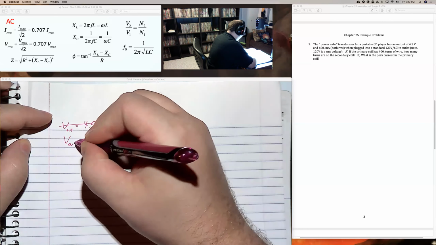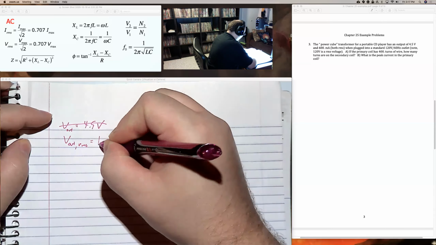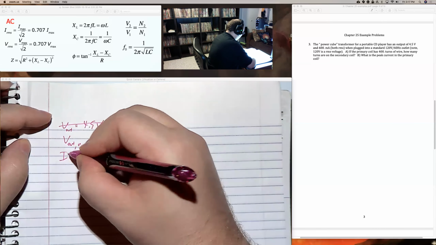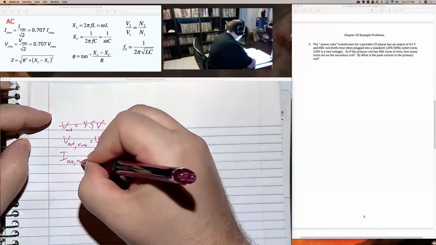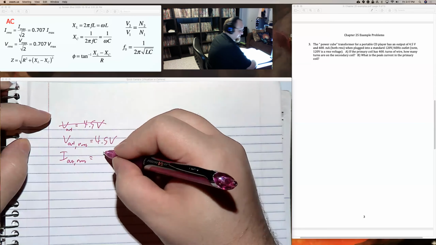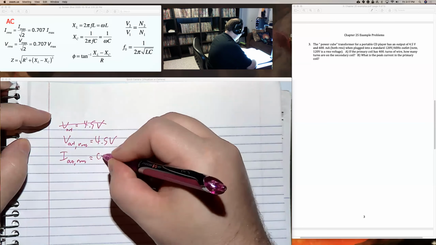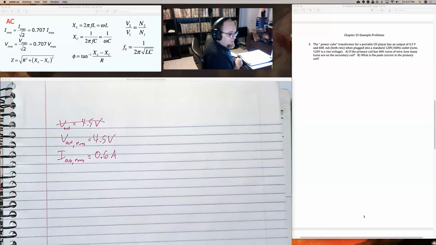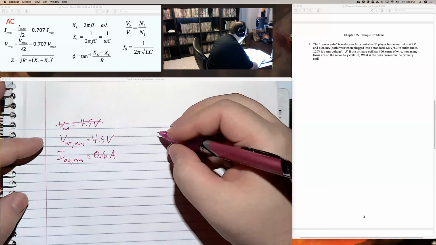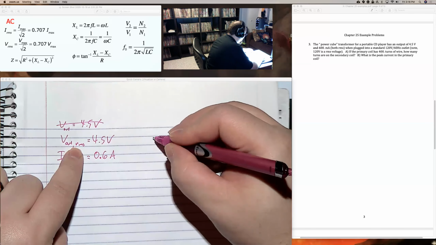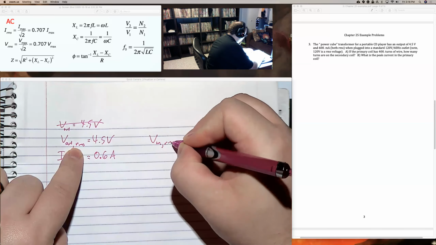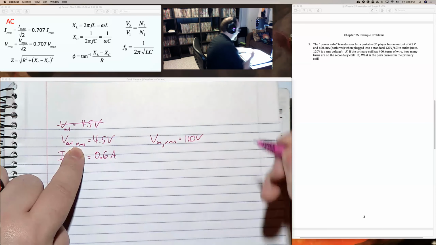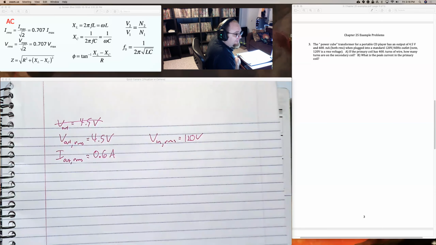I'm going to say V output RMS of 4.5 volts and a current out of 600 milliamps, when plugged into a standard 120 volt 60 hertz outlet. So that means we're getting out 4.5 volts, but we're putting in 120 volts. And it says 120 volts is the RMS voltage.